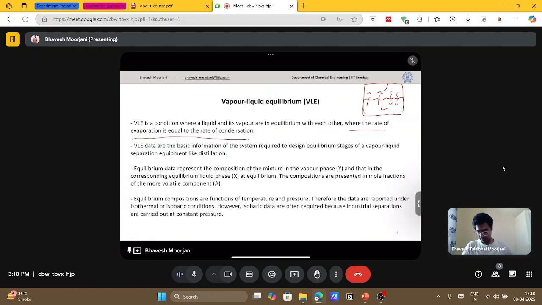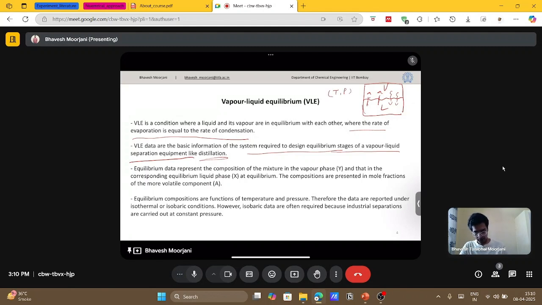And why is this VLE data important? Basically, this VLE data is required to design equilibrium stages of vapor liquid separation equipment, basically the distillation column that we are seeing. So how is this data plotted? Let's say this VLE data is at some temperature and pressure value.